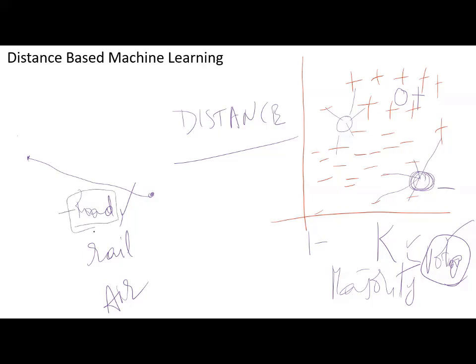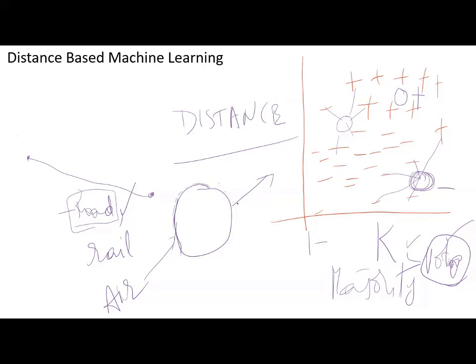For example, if you have a mountain here, how do you travel across it? You have to go around like this.